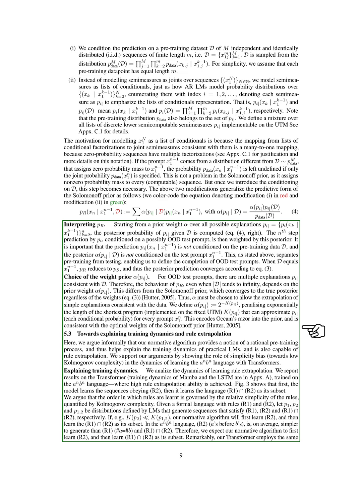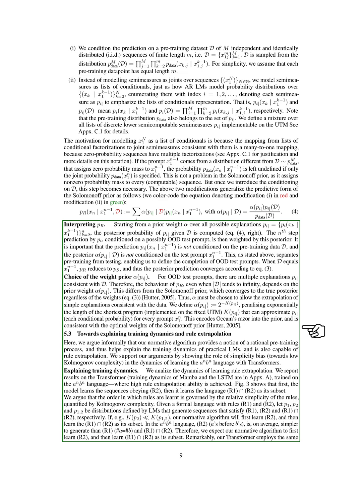It is important that the prediction P_I(X_N | X_1^{N-1}) is not conditioned on the pre-training data D, and the posterior α P_I(D) is not conditioned on the test prompt X_1^{N-1}.